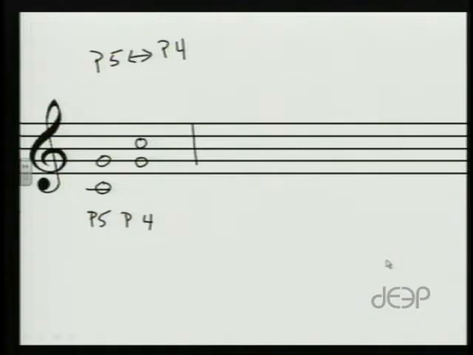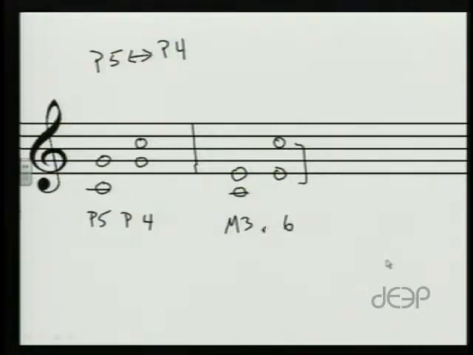Let's show another example, and this will hopefully bring some of our other ideas together. I'm going to start on C again, because if we work in the key of C, it's easy. We just don't have to worry about any sharps or flats. Let's use the interval of a third. From C to E is a major third. We take that C and simply move it above the E. You can see very quickly from the distance that it inverts to a sixth.